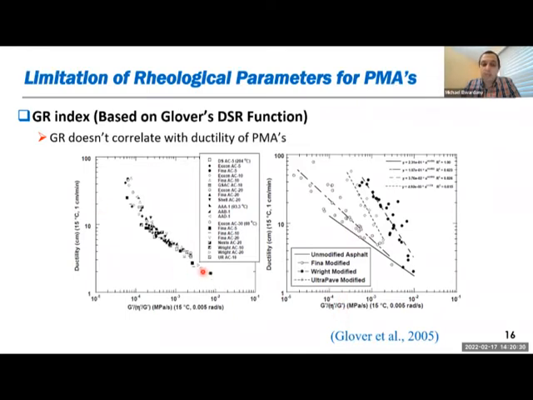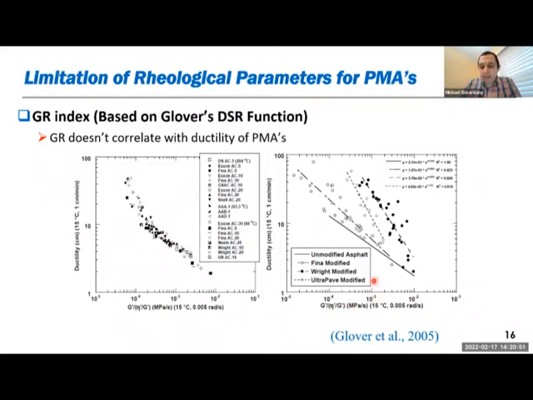This relationship is not universal. Those different binders with different trend lines are polymer modified binders. So for polymer modified binders, there is no universal relationship that would connect ductility with Glover rho or the Glover function.